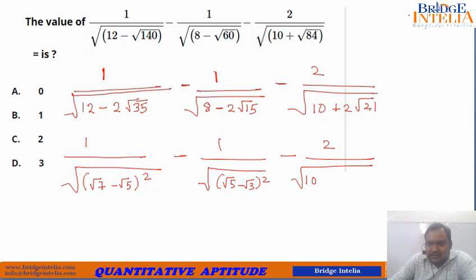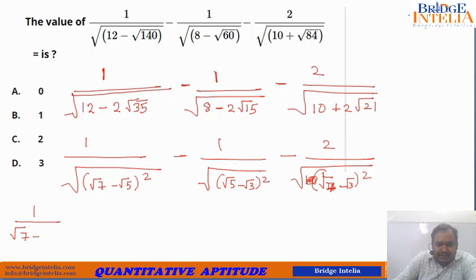There is a big hint, 21 is 7 into 3, so this can be written as root 7 minus root 3 whole square. So this is 1 by root 7 minus root 5, minus 1 by root 5 minus root 3, minus 2 divided by root 7 minus root 3.